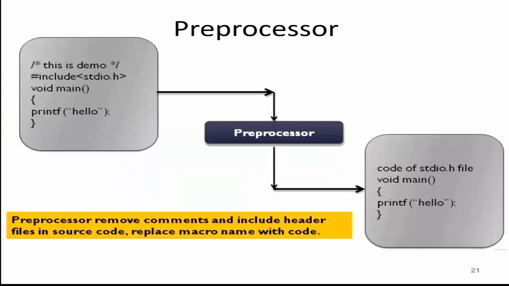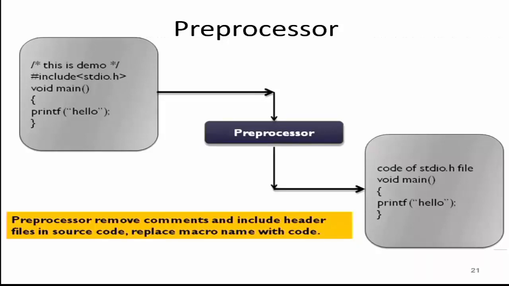So for the preprocessor, this is an example of a program that we started from. You just print something, and to print, we said you need the include stdio.h, another header file in the C library. The preprocessor will take this include directive and replace it with the actual code of the stdio.h.